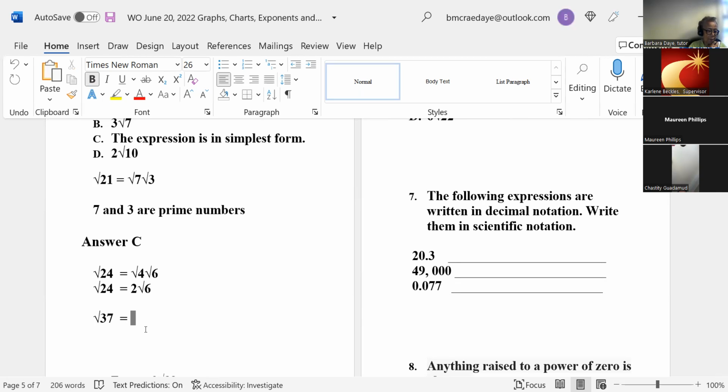Can square root of 37 be factored into 2 factors, 1 with a perfect square root? In other words, is this expression already in its simplest form? I think so. Yes, you're absolutely right.